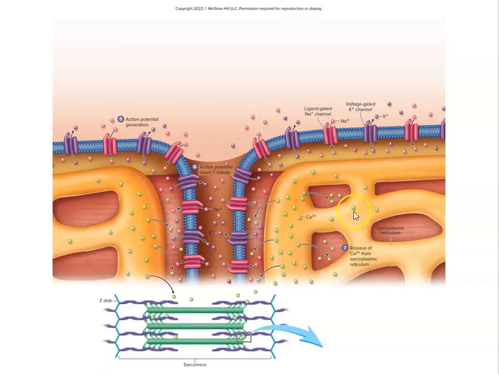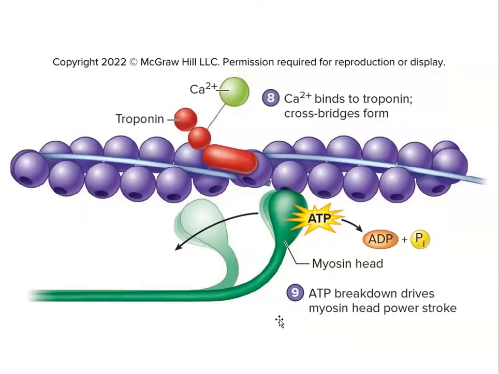As it becomes leakier, all of the calcium ions stored within it are going to drift out into the sarcoplasm or cytoplasm of the muscle cell. And in the sarcoplasm, we have tons of myofibrils made up of myofilaments, thin and thick.